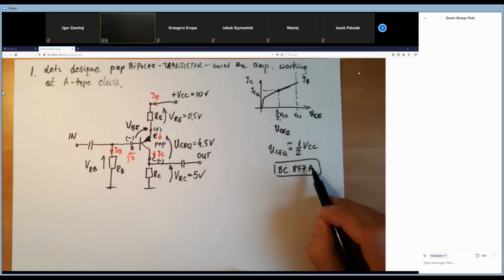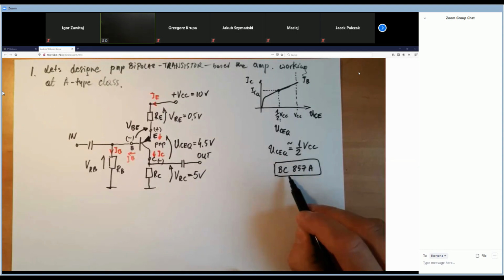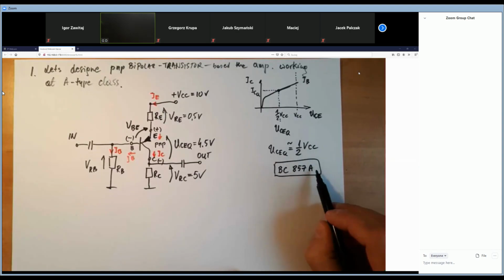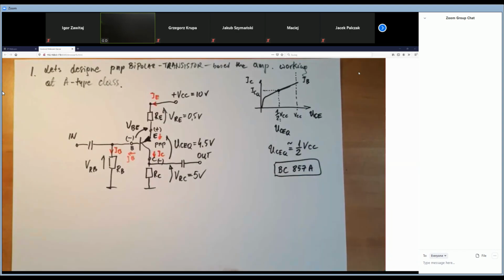We've got the A, B, and C at the end of the name of a bipolar transistor. The letters at the end show you what beta the transistor has. A is a rather low beta value, B is in the middle, and C is a very huge beta value.